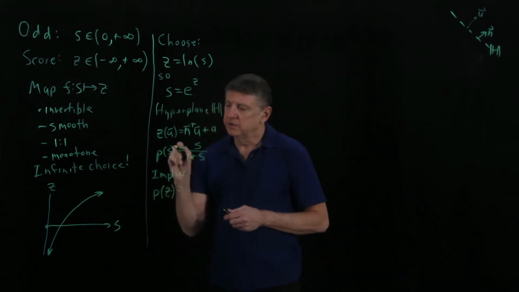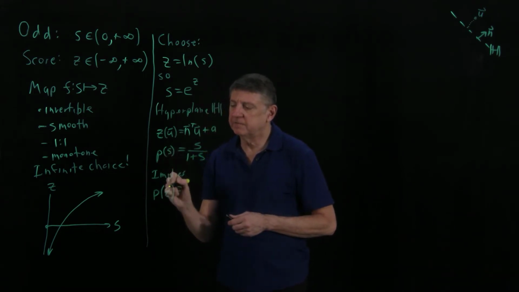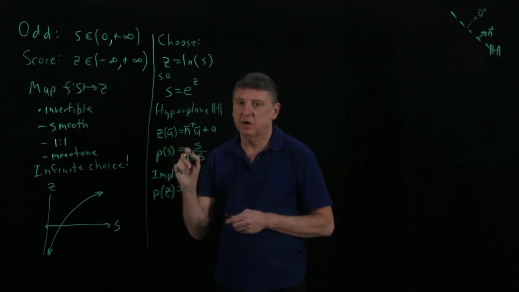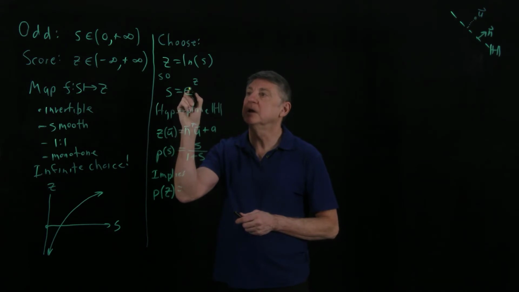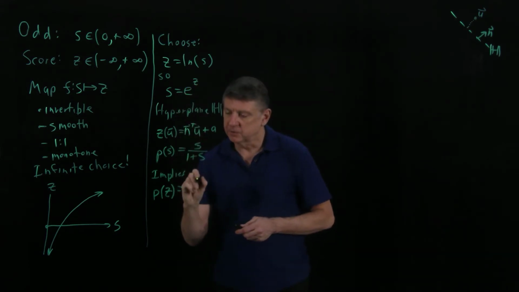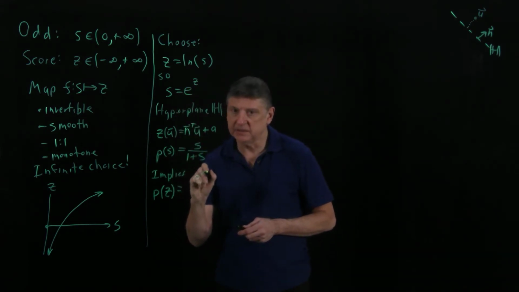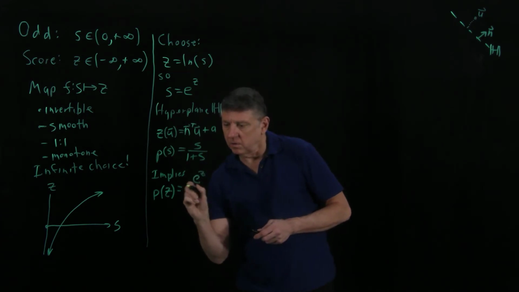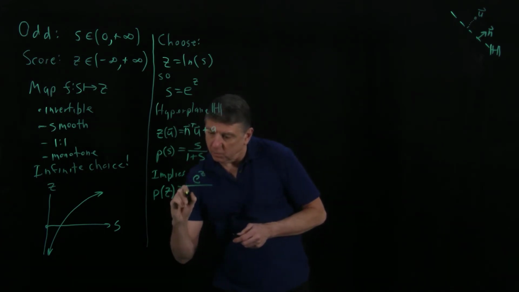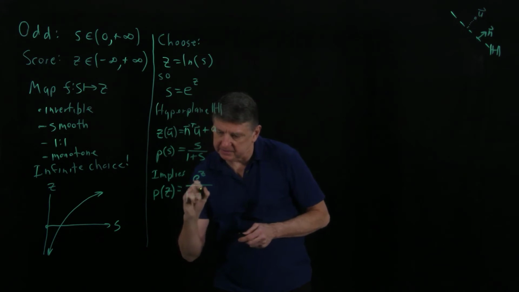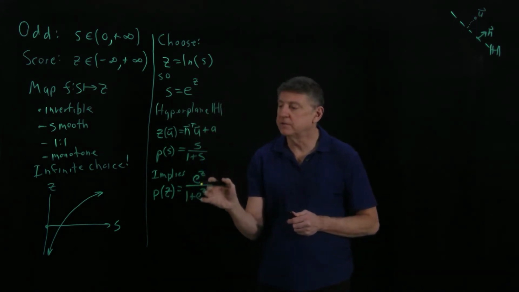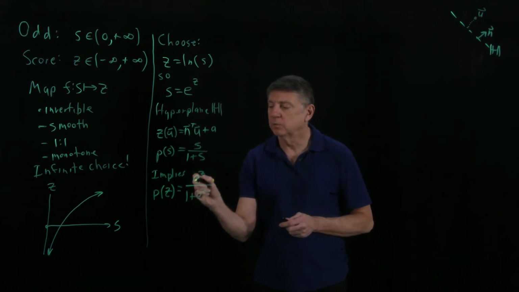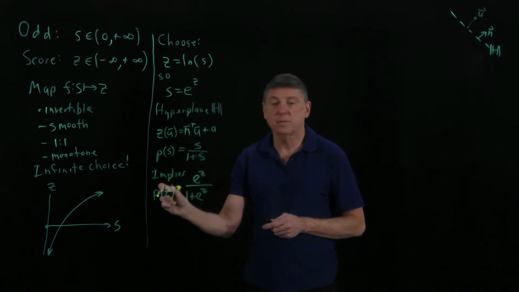So now, to make this probability a function of the score instead of the odds, everywhere I see S, I substitute e to the z. So that is e to the z over 1 plus e to the z. And that is one of the two common ways that we'll relate a score to a probability.